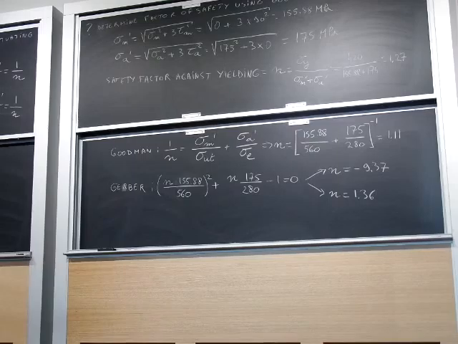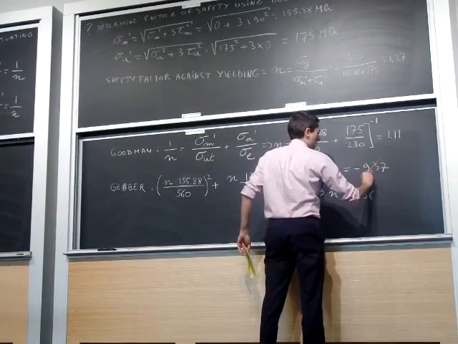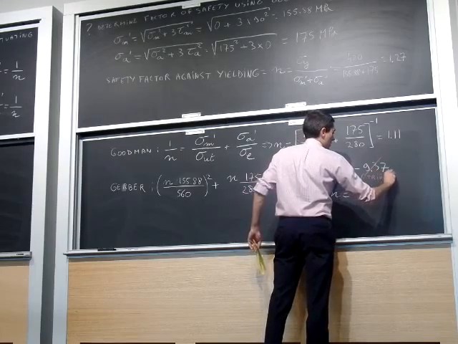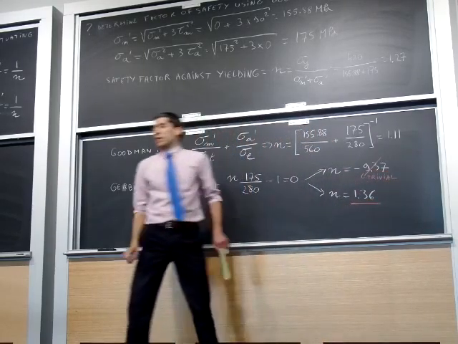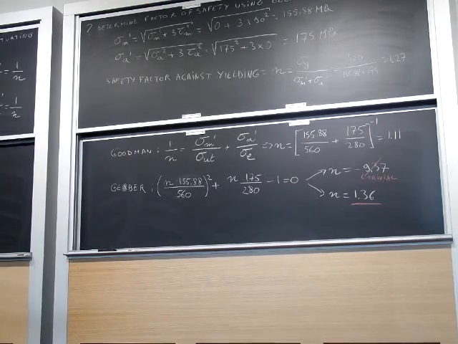You can't get a negative safety factor. This is a trivial solution. And so this is the one that is a true solution. Is this clear to everyone?